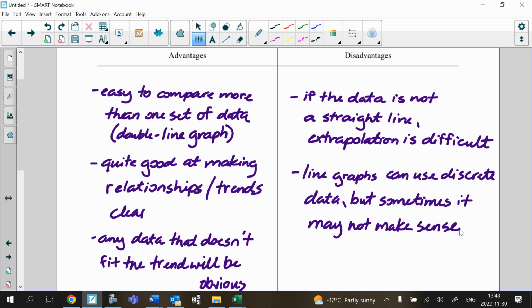So essentially, discrete and continuous data are the two main types, and we've got different ways of showing them. Each graph has its advantages and disadvantages. They can be used for discrete and/or continuous data. The idea is also to be able to recognize, when you're given some data, what's the best graph that would work here?